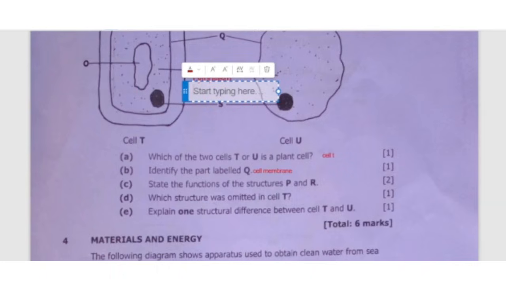So the function of cytoplasm is it is a site for chemical reactions.